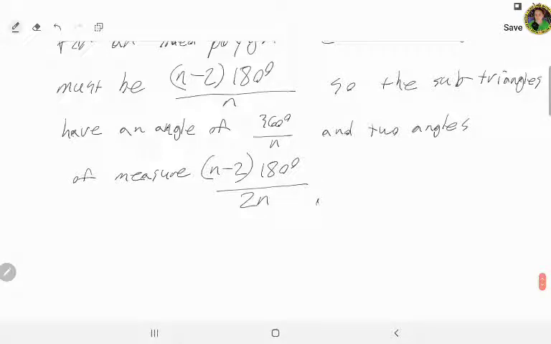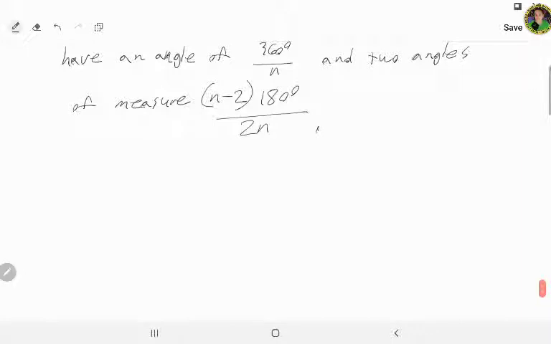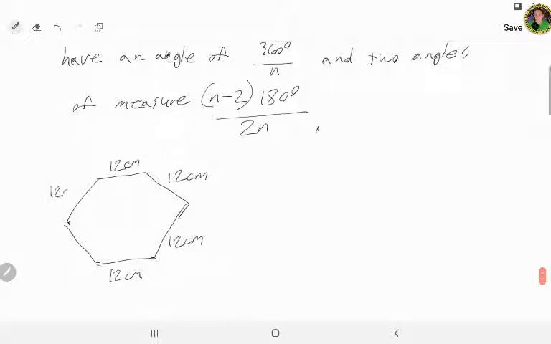So this all sounds very complicated. In actual practice, it's a little bit more straightforward. If we look at a regular hexagon with side length of, let's make it 12 centimeters, we notice that we can break up one of those subtriangles.